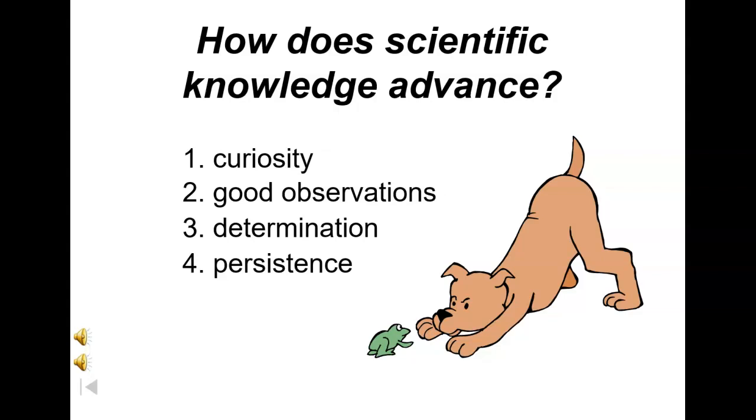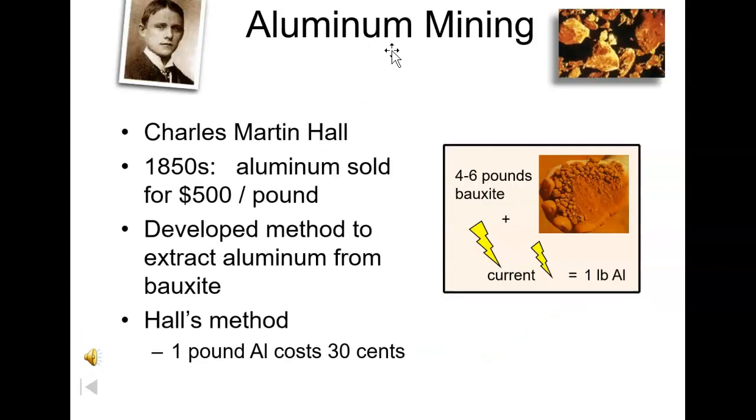We'll see Charles Martin Hall. Back in the day, in the 1800s, he determined to find a method to extract aluminum. So he did some aluminum mining. It used to be that it was $500 a pound because of the arduous process of pulling out aluminum. Well, he developed a method to extract it, bauxite, and now 1 pound of aluminum, or at that time then, would only be about 30 cents to process.